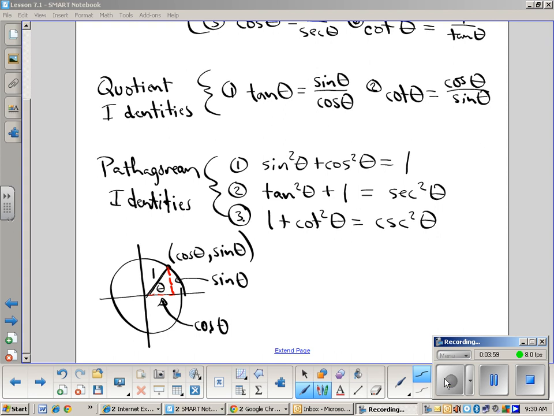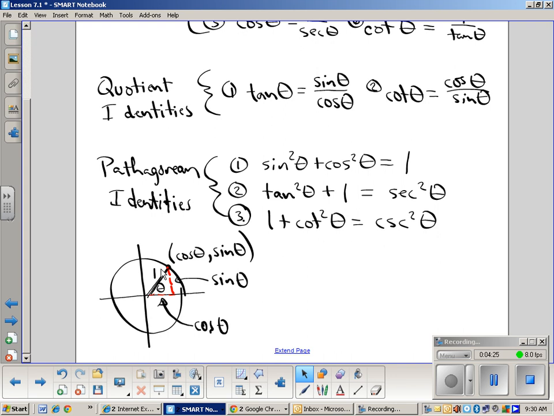Let me explain what the circle means here, and that's where these Pythagorean identities come from. Remember this cosine here, this line that the cosine points to is the x value of that triangle, and the sine is the y value of that triangle.